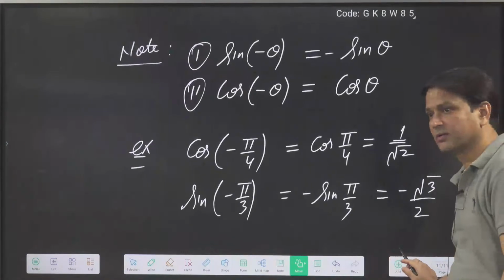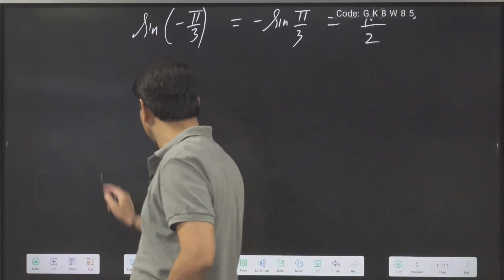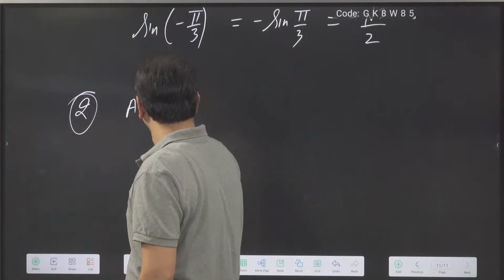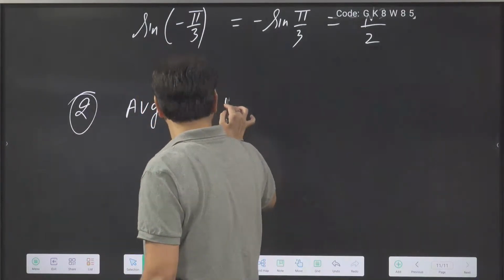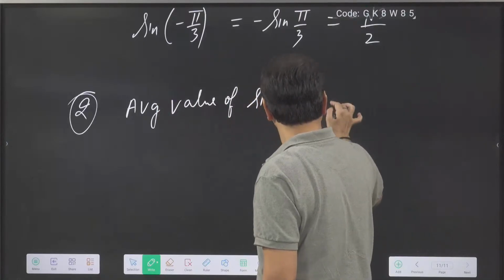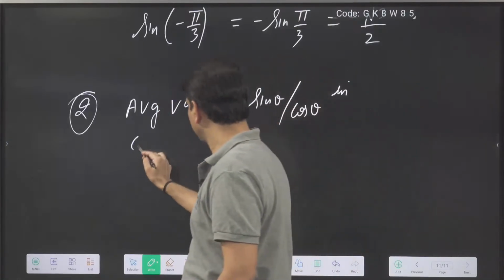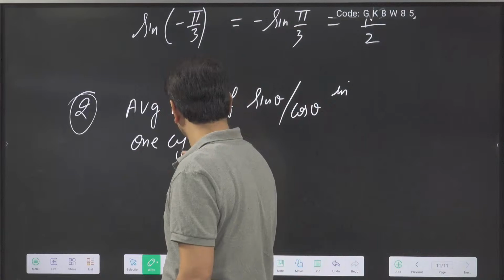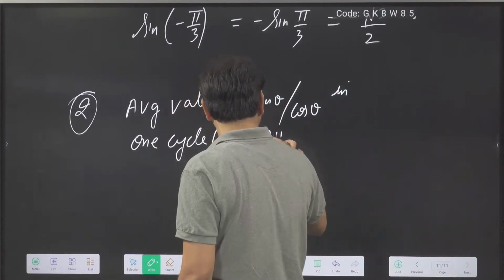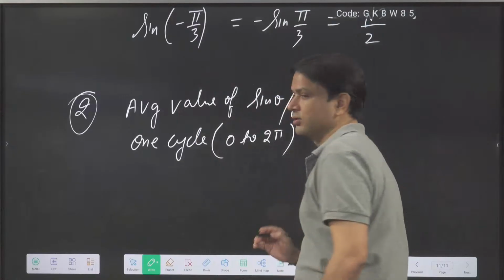This point over? Okay. Number 2. Average value of sin theta or cos theta in one cycle. One cycle means 0 to 2 pi. It is equal to what? 0.